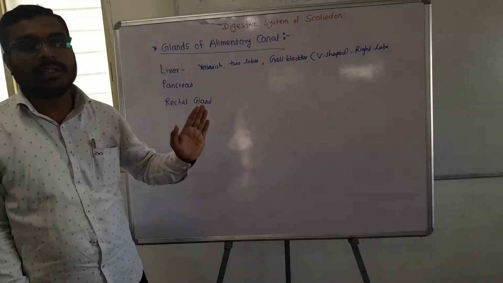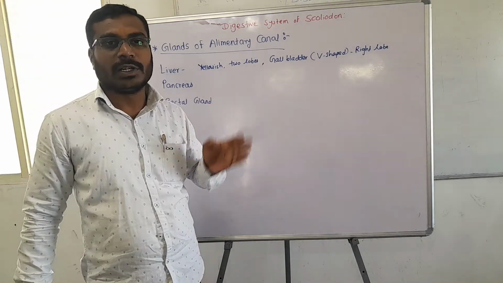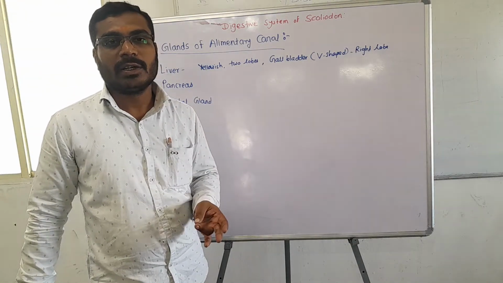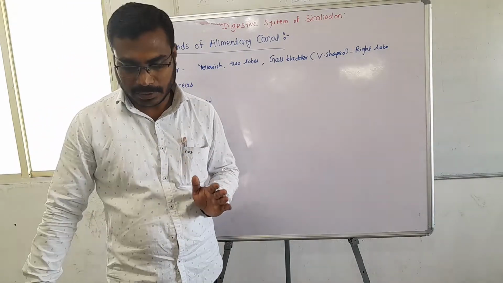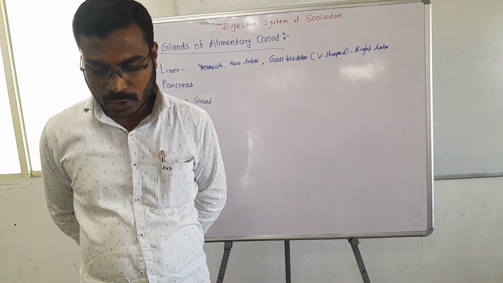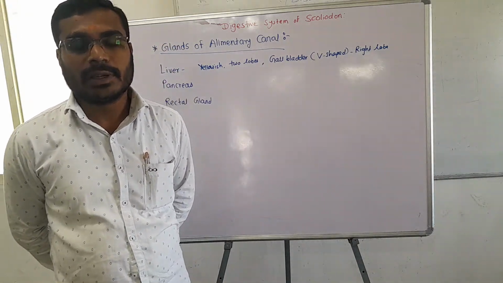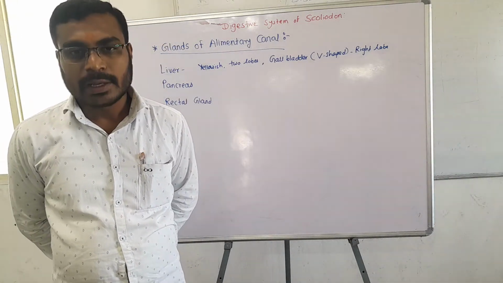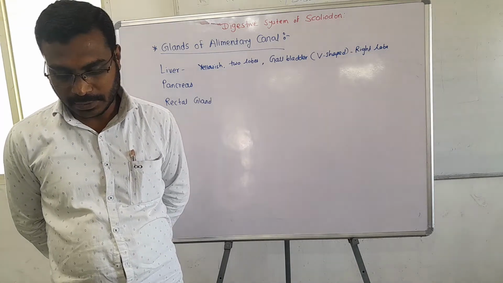These are the functions of the liver: first, release of bile juice and storage of glycogen and fats. It also destroys worn out RBCs, that is red blood cells, as Kupffer cells are present in the liver.